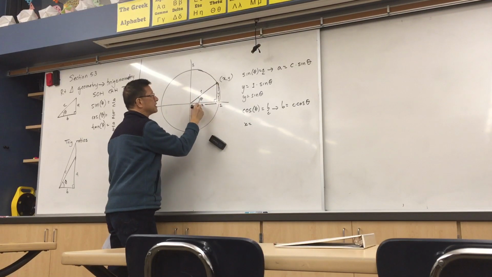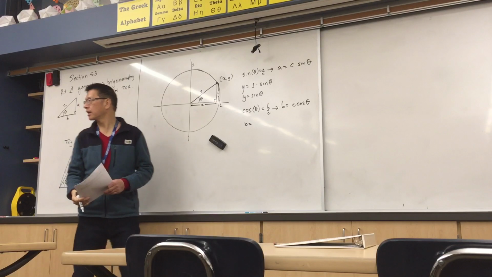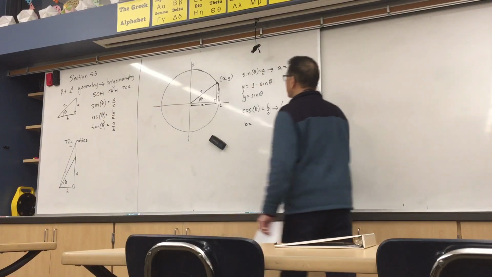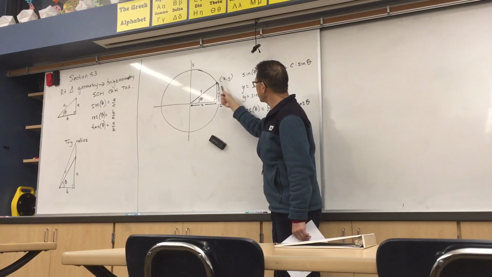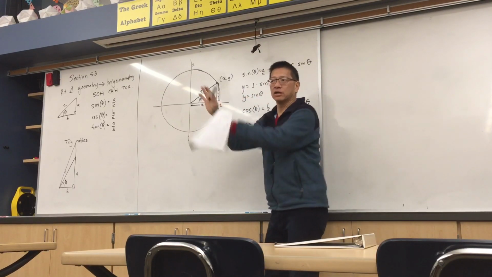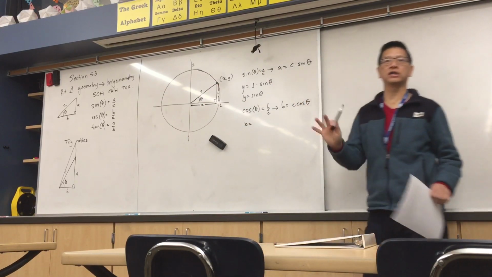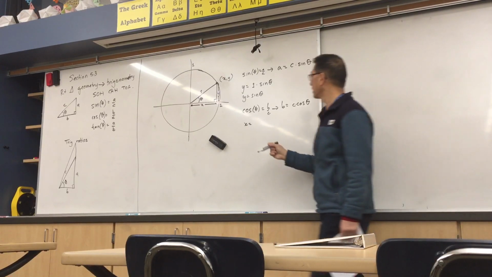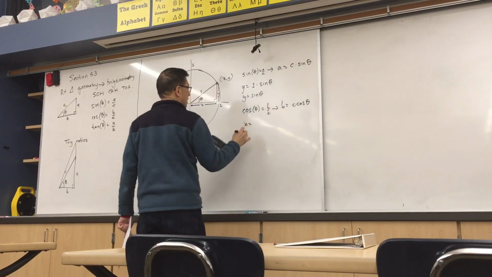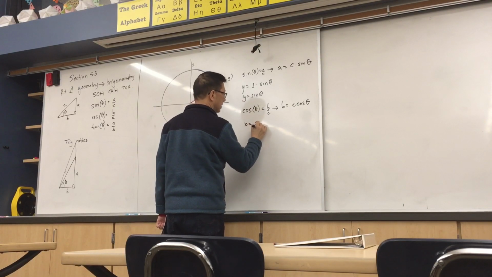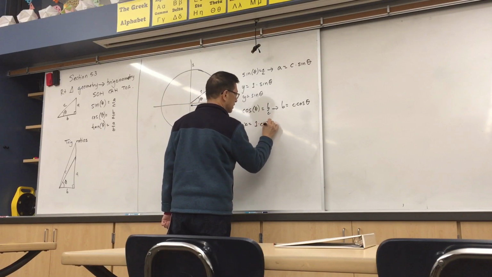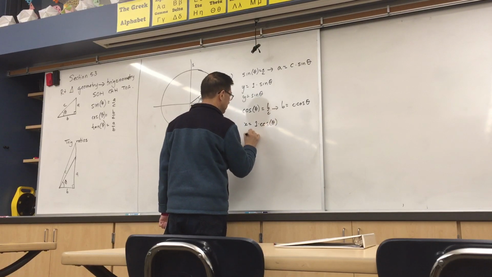This x here is the same as this x, right? That's the kind of the definition of the Cartesian plane. So x is equal to 1 times cosine of theta, which means x is equal to cosine theta.